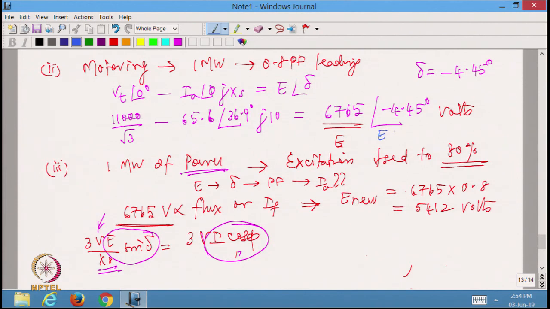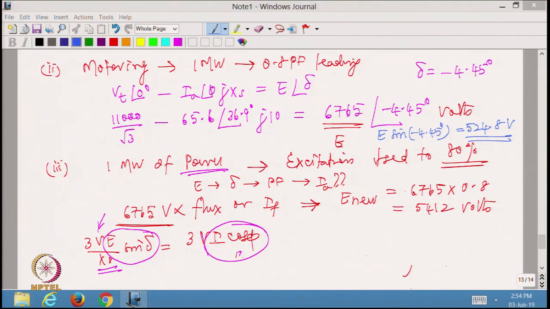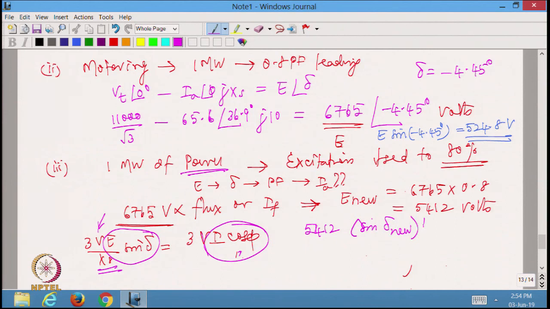So, E sin delta will be E sin of minus 4.45 degrees. This came out to be something like 524.8 volts. So, I should say in this case also, 5412 multiplied by sin delta new magnitude is going to be equal to 524.8 volts, because E sin delta has to remain as a constant.